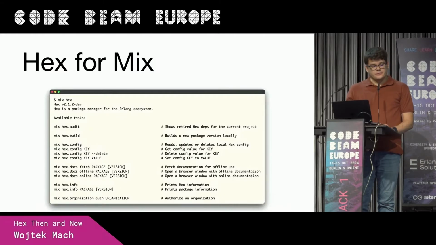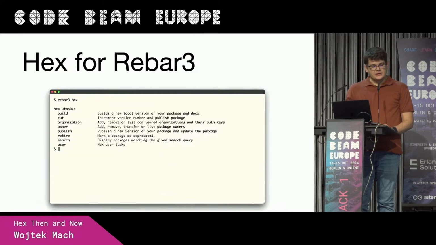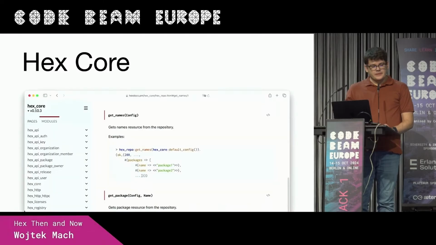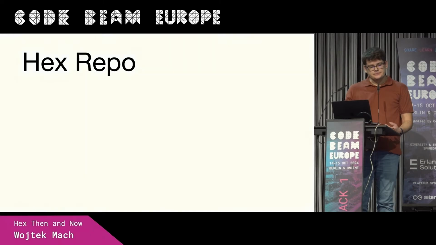We have Hex for Mix, Hex for Rebar 3, and then we have Hex Core. And Hex Core is a library. We would say that it's a reference implementation of the Hex specifications written in Erlang, and it is used by some build tools. But you can also use it as a dependency to build something on top of Hex.